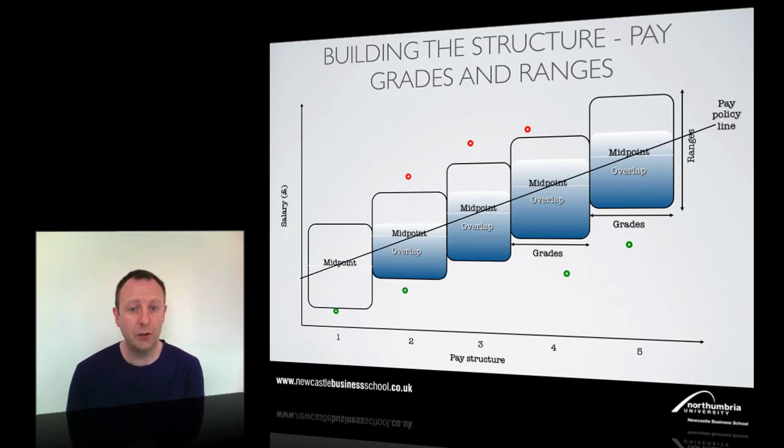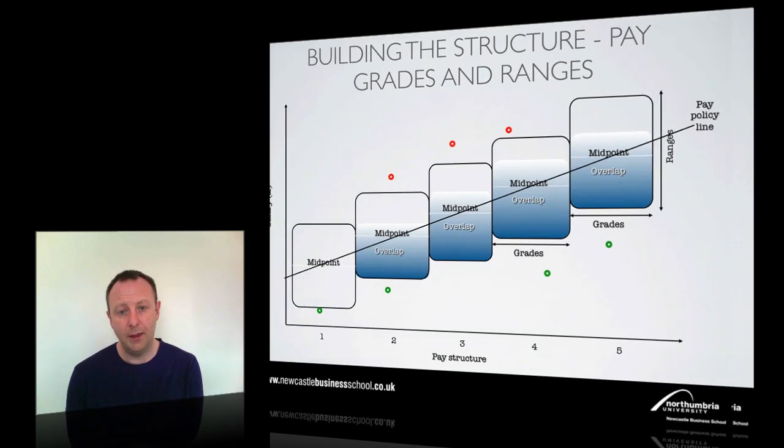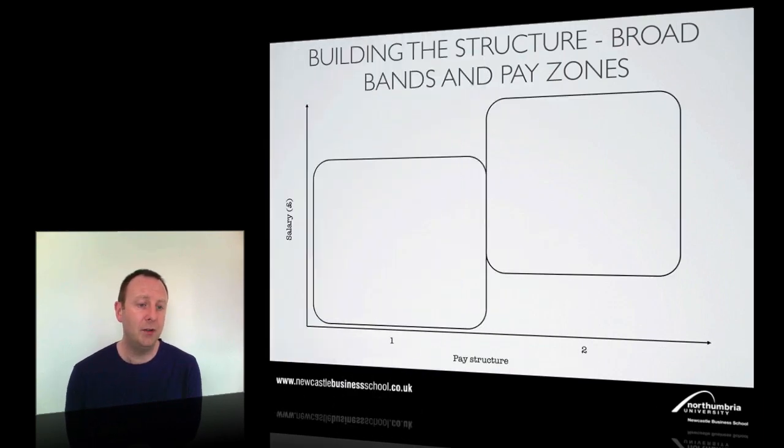The final thing that I want to talk about in this particular podcast is about development beyond that traditional grades and ranges approach. Because one of the criticisms of a grades and range approach is that it can have a tendency to divide people up too much and to reduce the potential for cooperation, because a grades and range approach has too many boundaries, too many divisions, and doesn't provide potential scope for the kind of team working that's often desired in organisations.